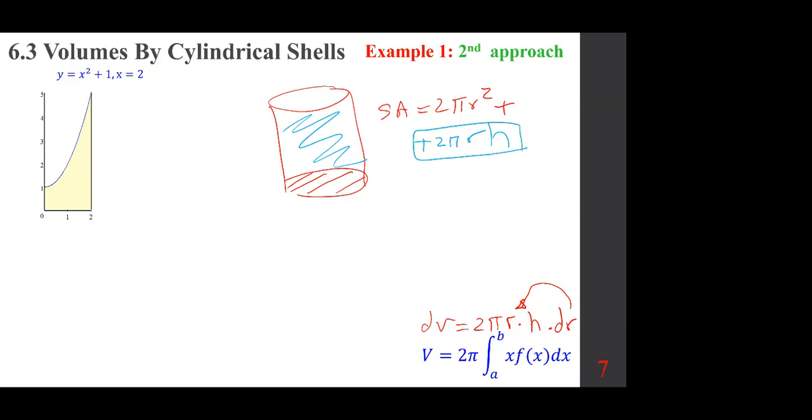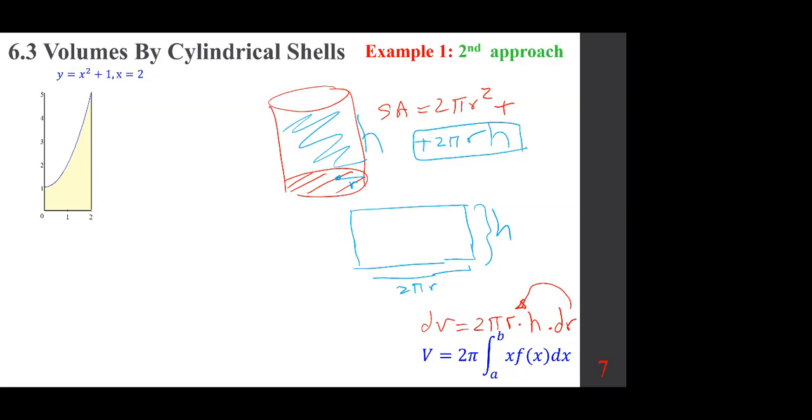Now, if you want to find the volume using the method of shell, you can think about this cylindrical shape and peeling off a very, very slim part of this. And by the way, this lateral area can be opened up as follows. This is H, this is R. So this is still H, but this is what? 2 pi R. So if you cut a very, very thin slice, then it has a thickness.